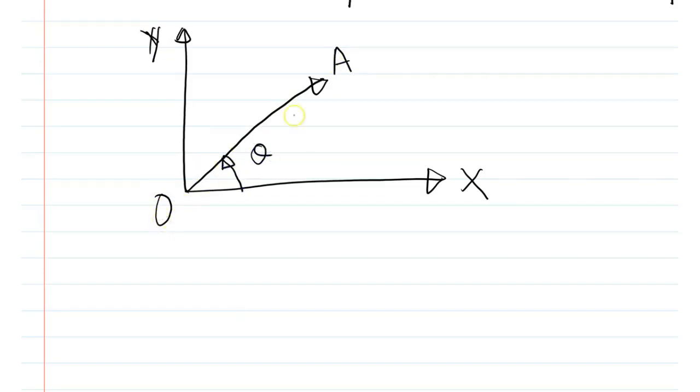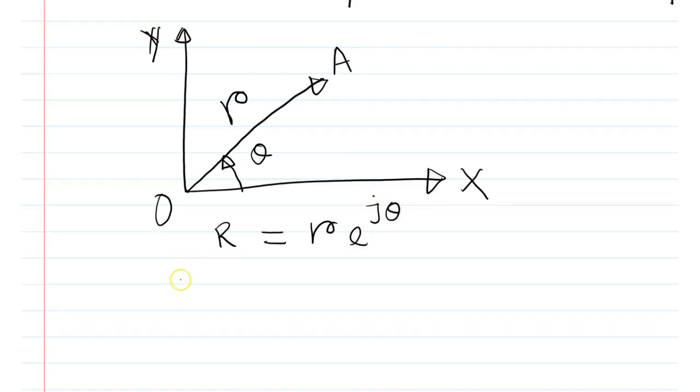Let's consider that OA is a vector whose length is r, and it makes angle theta with positive x-axis counterclockwise. If that is so, we can represent the position vector as r equal small r e^(j theta) in polar form.